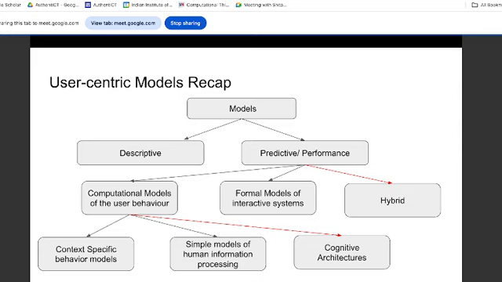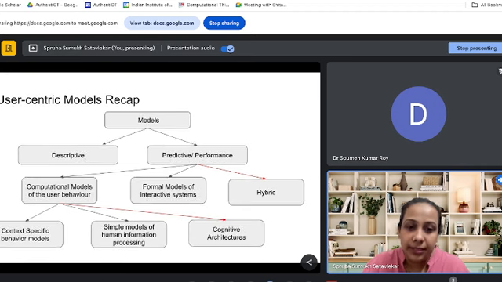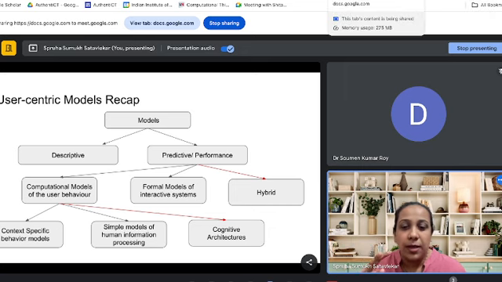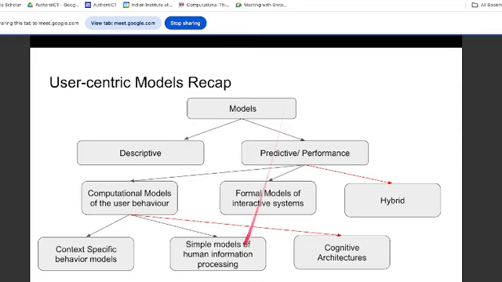We also tried to look at how to interpret the one dimensional laws in terms of 2D and 3D mechanisms, how they are modified, and then how the constrained navigation happens. All those things we covered in the last few lectures. Now again, the cognitive architectures are not in our scope, so we will leave that part out, and we will move on to the formal models now.